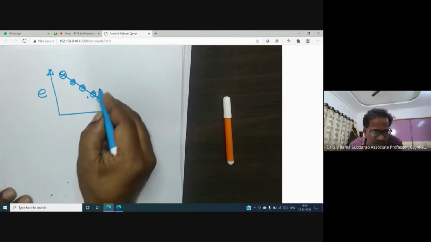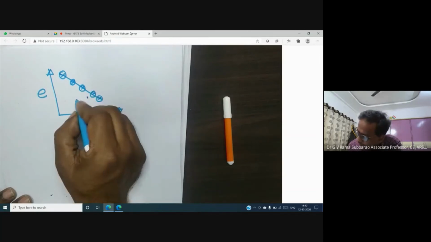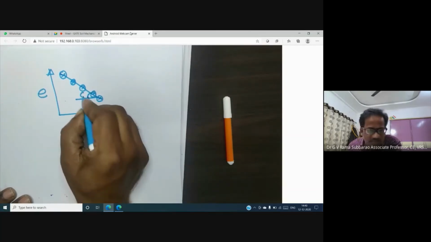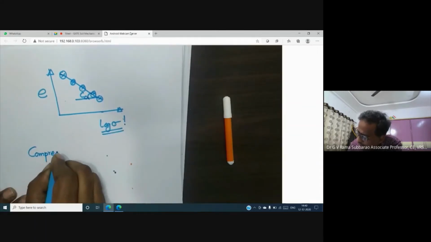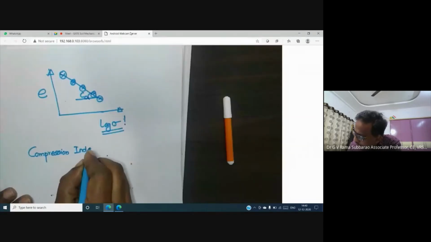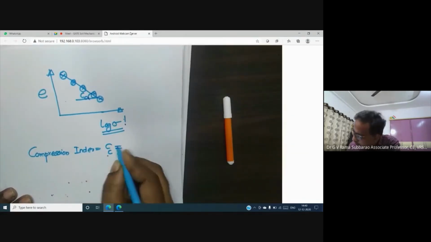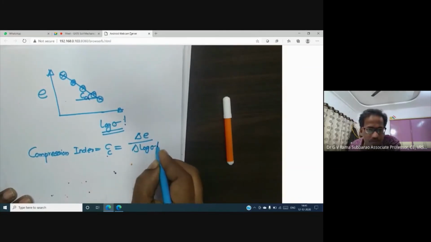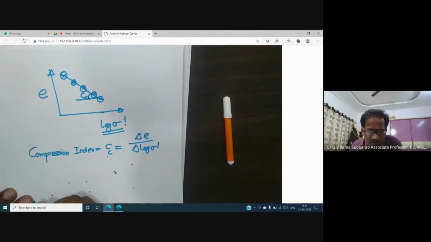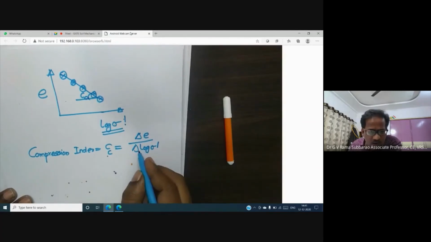Now somebody is very eager to know what is Cc. Cc means compression index, which is equal to delta e by delta log sigma dash. So don't worry, delta e by delta log sigma dash.